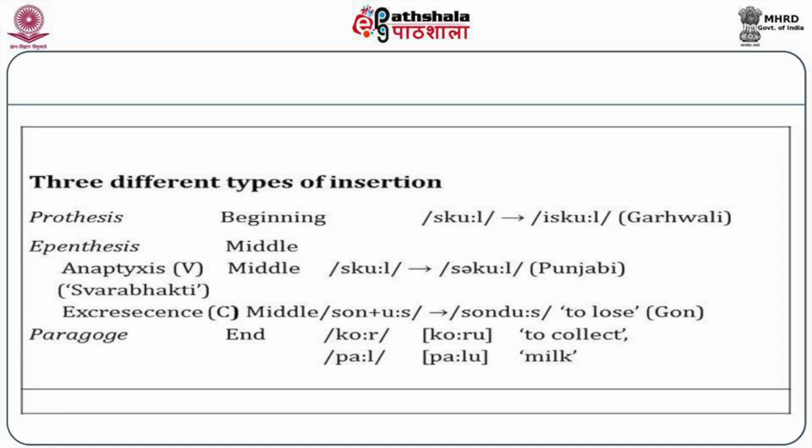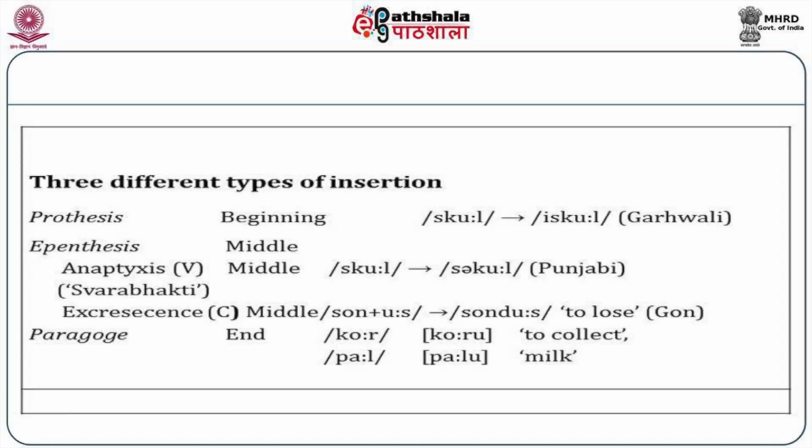We also have this phenomenon in many Dravidian languages, for example Tamil and Kannada. Let's take a look at some words from Tamil where u is added at the end of words: kor, koru, to collect, and pal, palu, to milk, and so on.